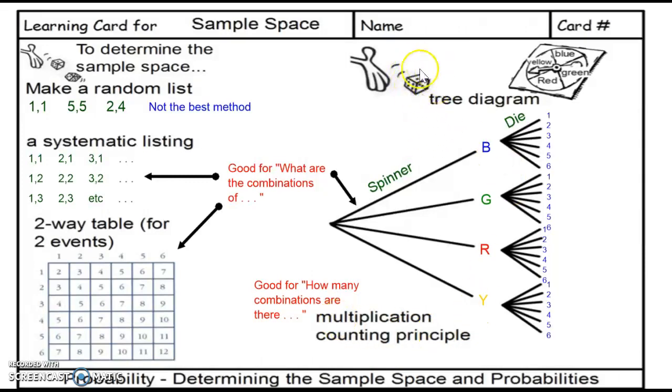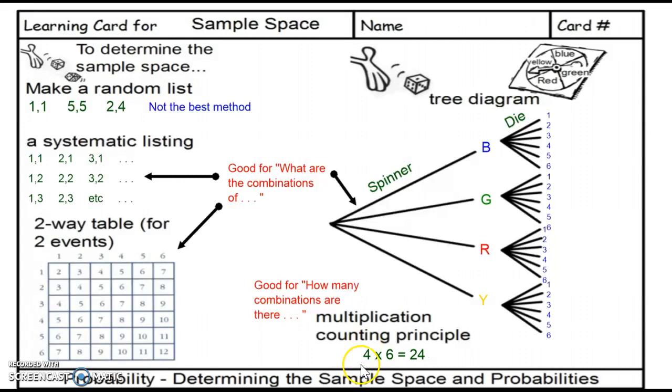So if I go back to rolling a die and spinning a spinner, if I didn't want to know the entire sample space and see all the different outcomes, and I just wanted to know how many combinations there are, the multiplication counting principle tells me that I can take the number of outcomes for the first event and multiply that by the number of outcomes for the second event.